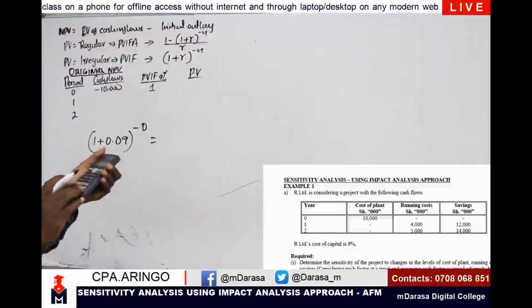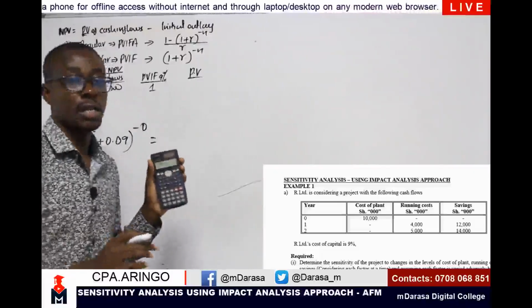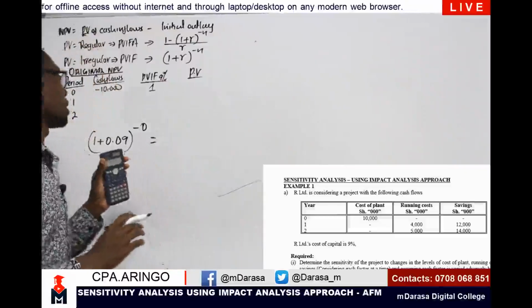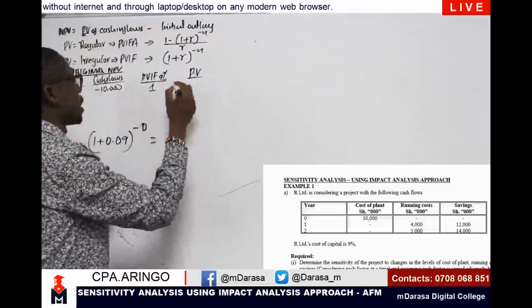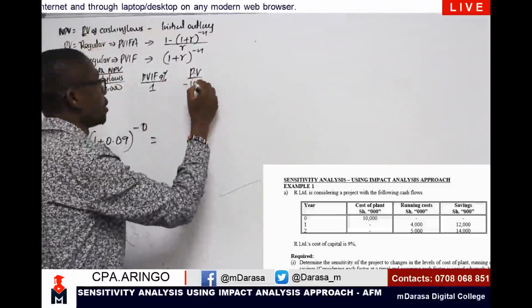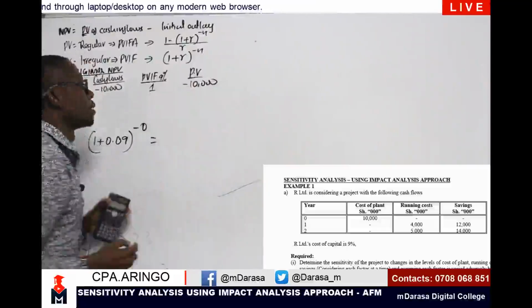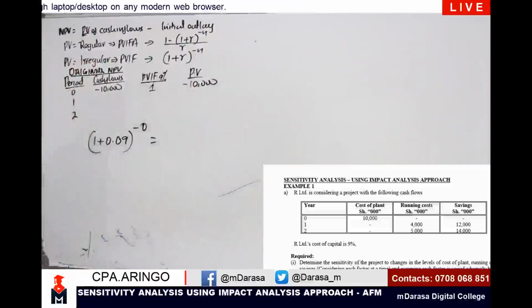I want us to do it together so that you understand. If you check it out, you'll find that it is giving us 1. And therefore, our present value with our initial outlay, I'll be having negative 10.